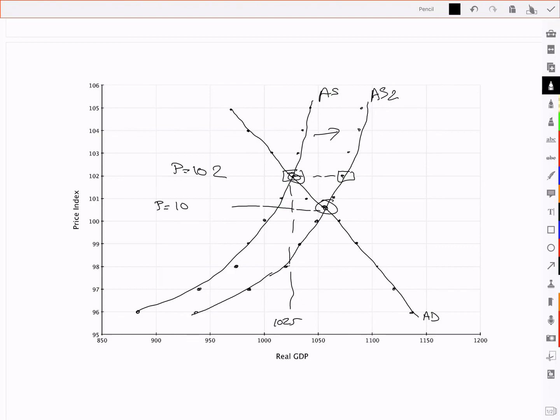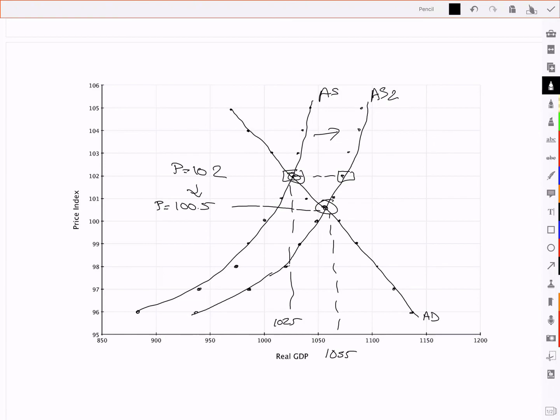So a price of 100.5, and real GDP will increase. So that looks like it's what, 1055 maybe? So real GDP has increased when aggregate supply increased, and we now have less inflation. So we went from 2% inflation from the base year to now 0.5% inflation since the base year. So prices fall when aggregate supply increases.